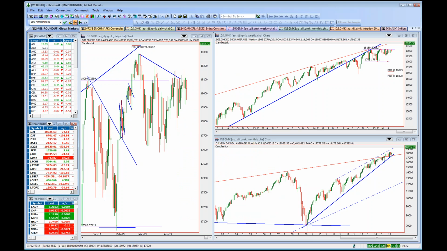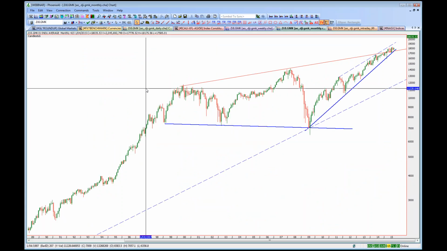Okay. Now, as usual, looking at any chart, we always look at the longest time frame. In this case, I'm looking at the monthly. I'll just enlarge that. As we continue to look at this, we don't see that much change. After all, one day is 1 month.